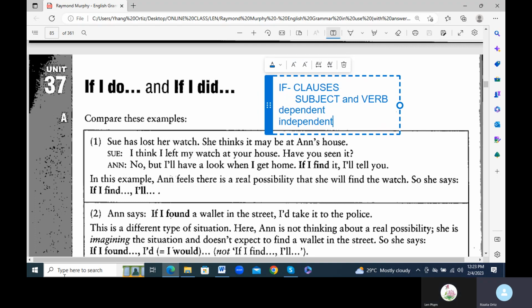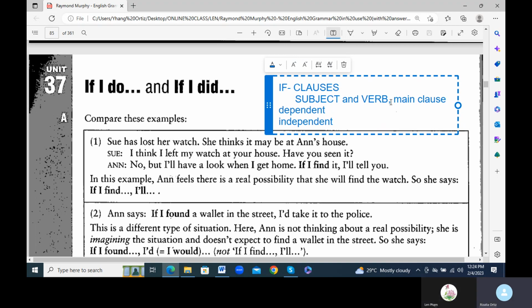If clauses are dependent clauses because they start with if, which is a conjunction, followed by a subject and verb. And after the dependent clause, you need the main clause. The main clause is called an independent clause.